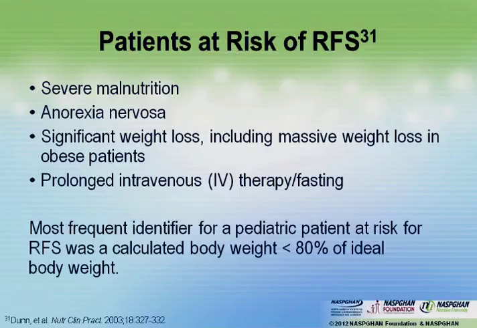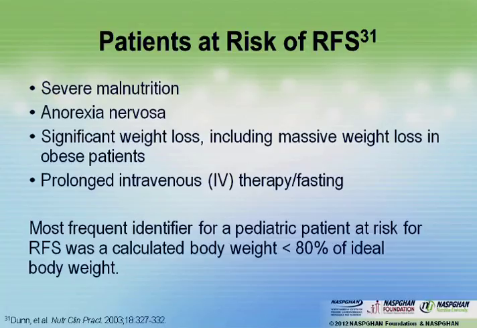Where do we need to think about refeeding syndrome? I think we're all pretty good at looking for it in severe malnutrition. And if you do manage anorexia, folks, then you should be looking for it in anorexia as well. But one place to think about it where it's not intuitively obvious is in an obese child who has lost a lot of weight. So think about it there as well.